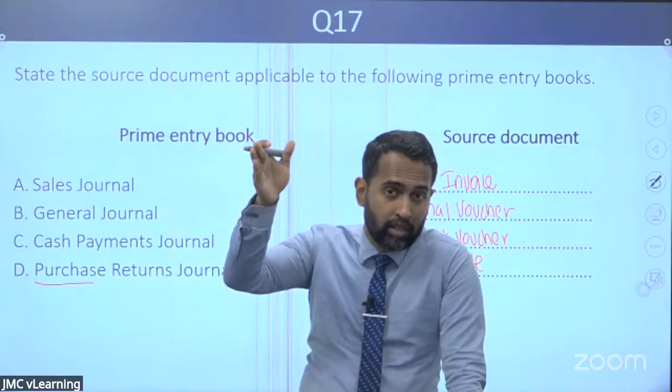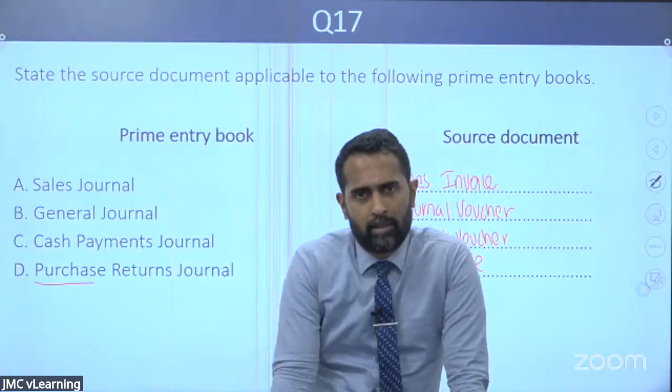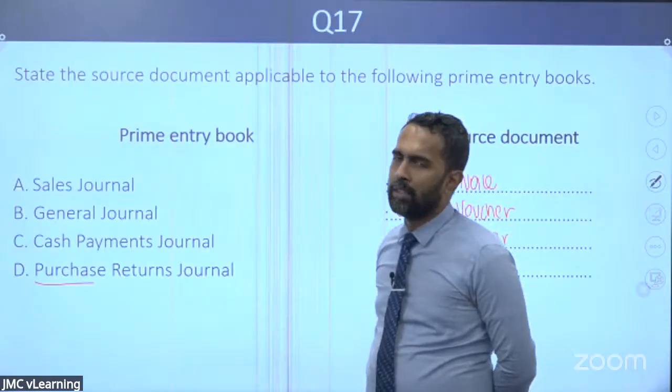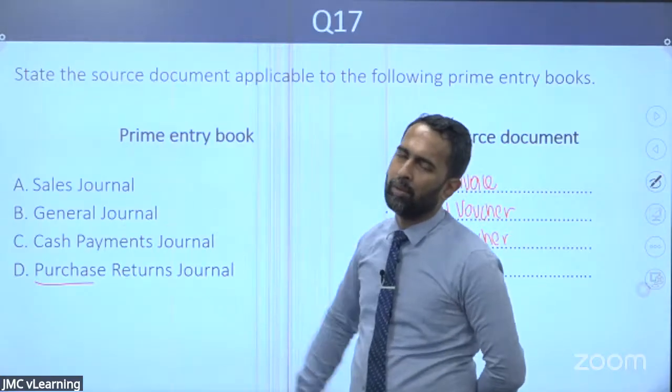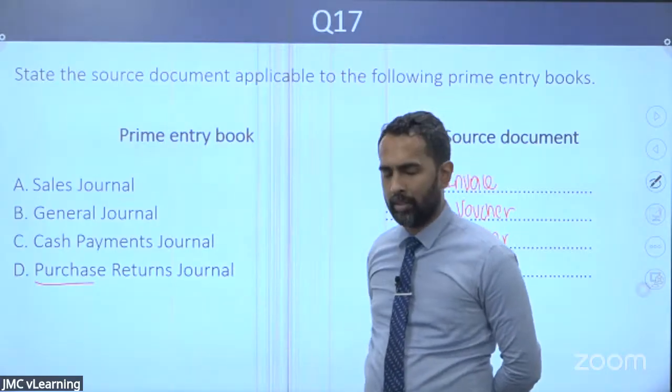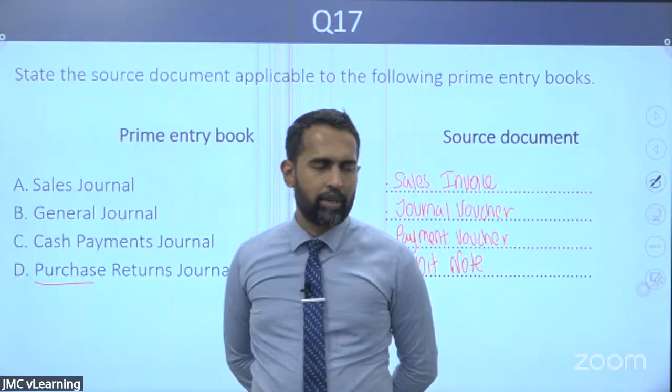In a purchase return, the creditors come down, so we have to debit. That's the logic. But you can remember it as: purchase is debit, so therefore debit note. Sales return: sales is credit, no? Therefore credit note. Right? Okay.